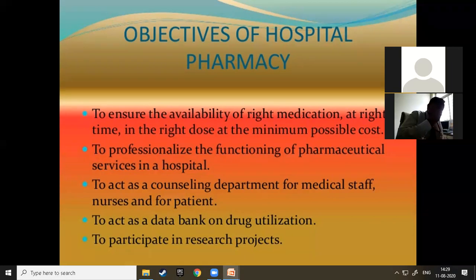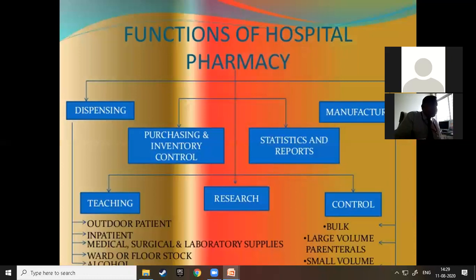So, this is also a role of the pharmacist, to distribute medicine or drugs within a hospital. To participate in research projects, pharmacists also play an important role in the research area. Now, the function of hospital pharmacy. Earlier I told you this slide.